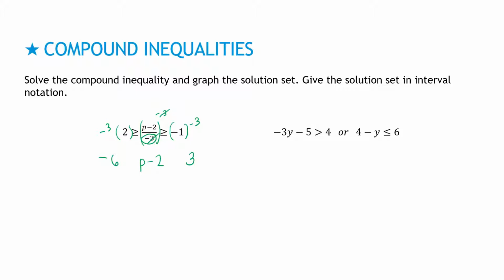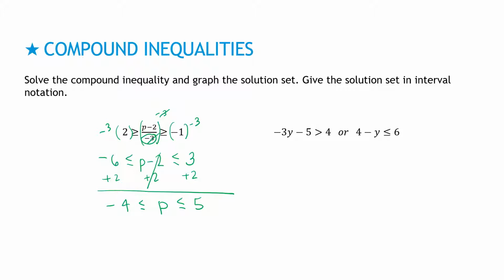And because I've multiplied by a negative, my inequalities flip around, and that makes me much happier because now everything is as it should be. Now I have to add 2 to get p by itself, but that means I have to add 2 in all 3 locations. That gives me, negative 4 is less than or equal to p is less than or equal to 5.